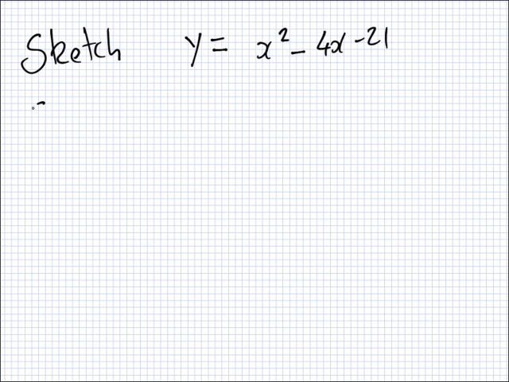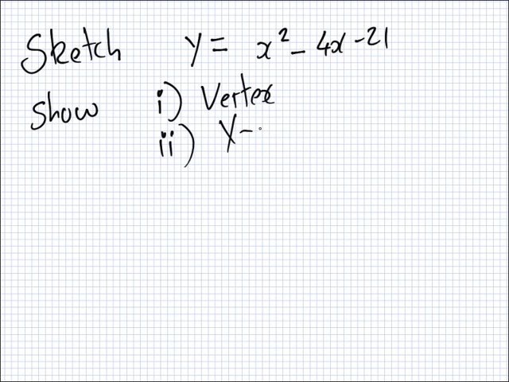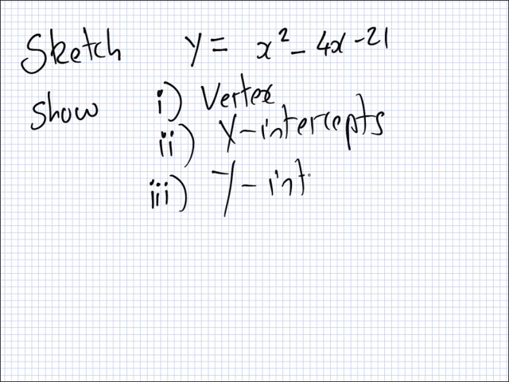And I want you to show on the diagram 3 things. Number 1, the vertex. Number 2, the x-intercepts. And number 3, the y-intercept.